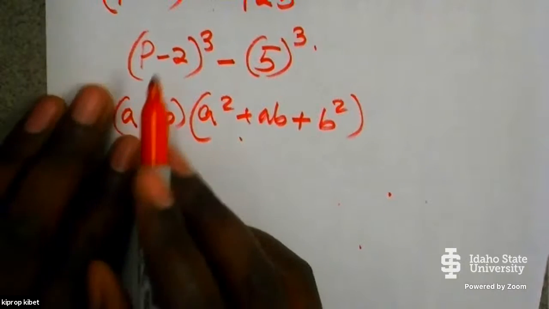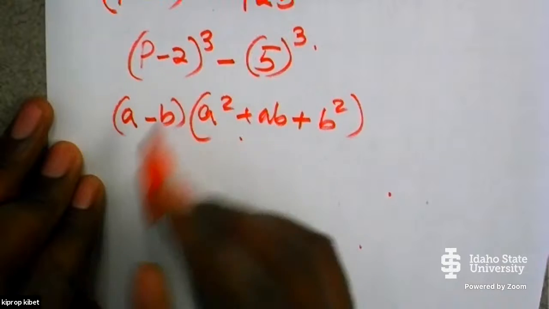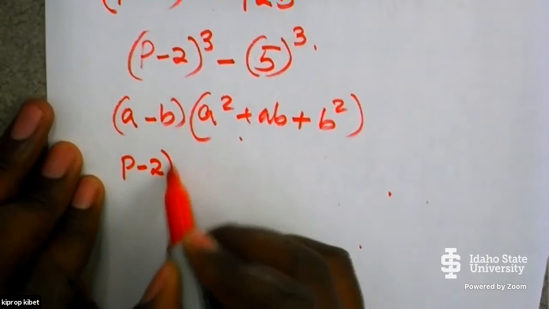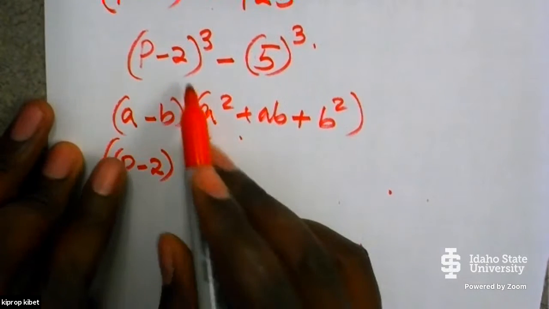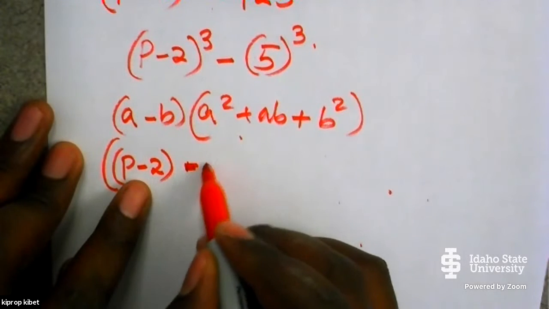Now taking A minus B, our A is p minus 2 and our B is 5, so p minus 2 minus 5.